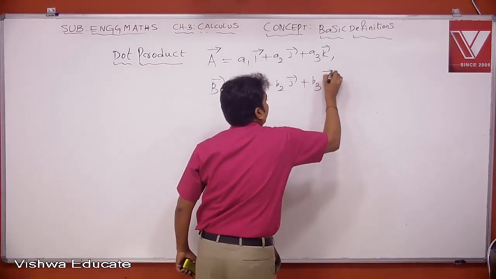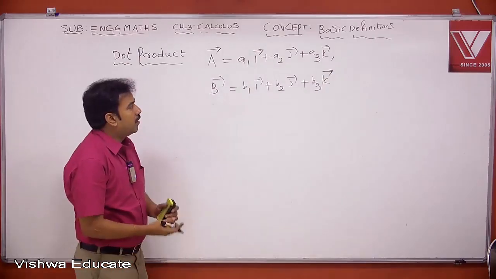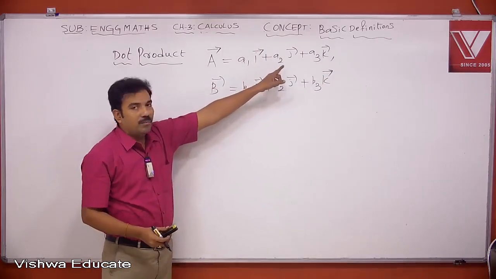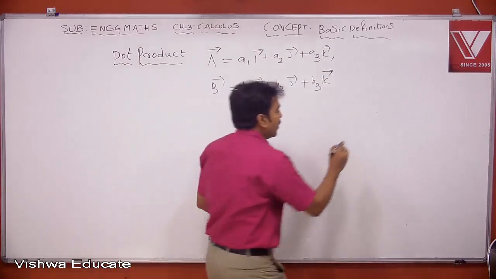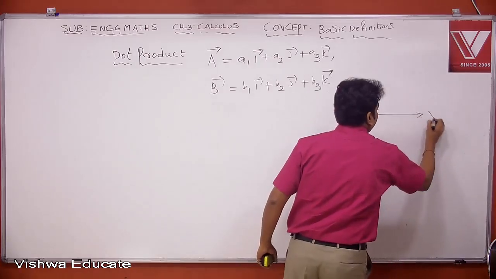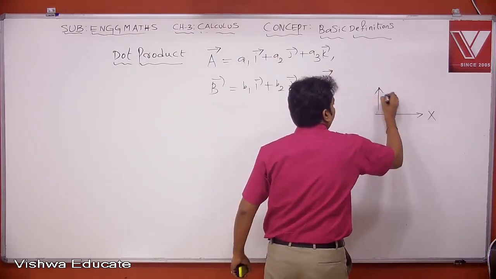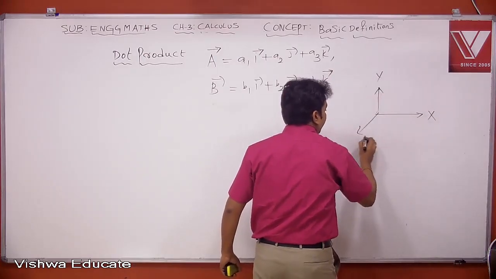We have two vectors A bar and B bar. Now what are all these i bar, j bar, k bar? Basically, when you consider a 3D coordinate system, this is the x axis, this refers to the y axis, and the z axis will be in this direction.